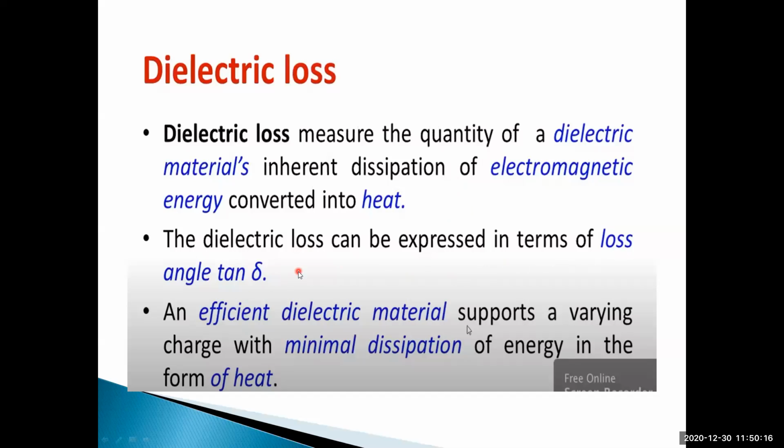Using the Schering bridge, we measure tan delta; that is one of the experiments to measure dielectric losses. An efficient dielectric material supports a varying charge with nominal dissipation of energy in the form of heat. This is the simple concept of dielectric material.